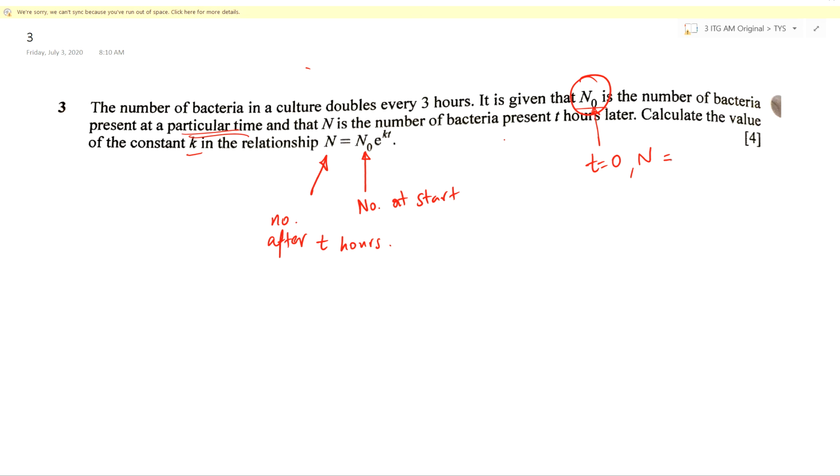Can the number of bacteria be equal to 0 when time equals 0? Let me write this. This is N, T equals 0. So when I say N3, I mean N with time equals 3. Okay, so N at T equals 0. How does that help us?